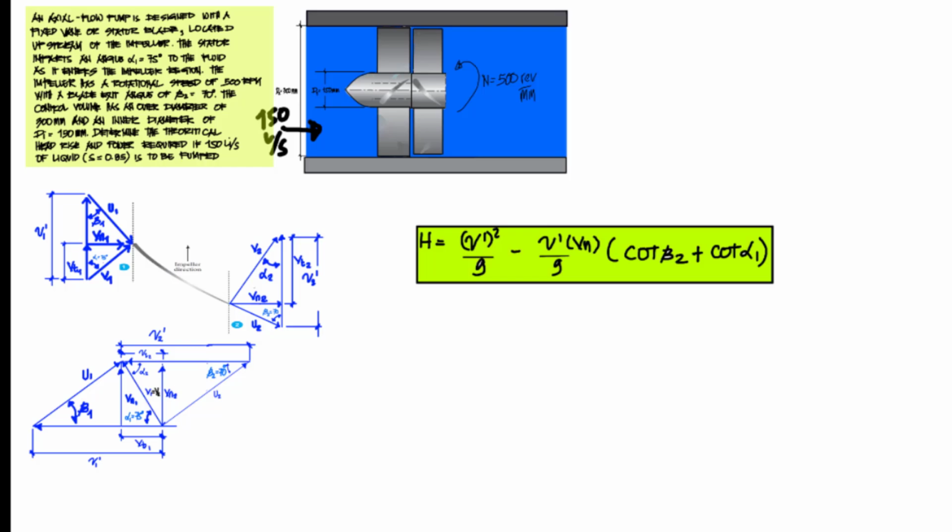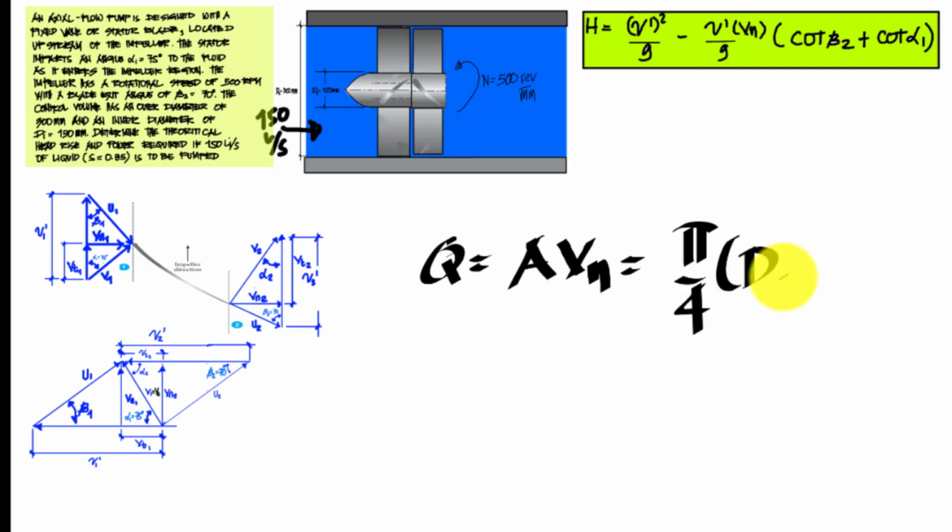Now, from the given equation of your head, we have already established yung angle. Now we have the 70 degrees and your alpha. So, ang wala na lang natin is the velocity of the vane and the normal velocity. Now, to solve the normal velocity, my given volume flow rate is equal to 150 liters per second.